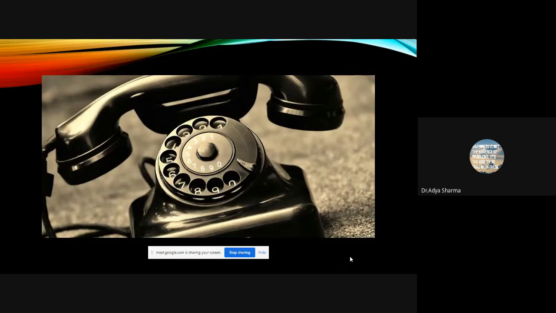When the phone was invented, way back in the 1800s or 1900s, this was a discontinuous innovation. Nobody had ever seen anything like this before. The very fact that sitting in one part of the world, you could speak to someone else was amazing. So the phone was a discontinuous innovation.